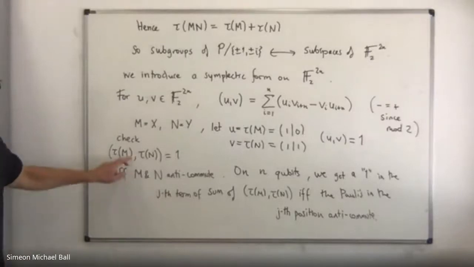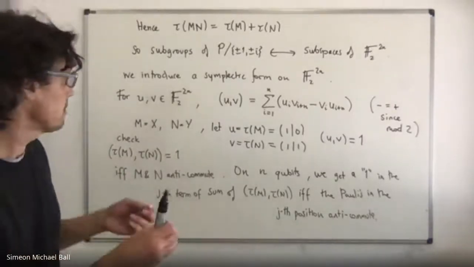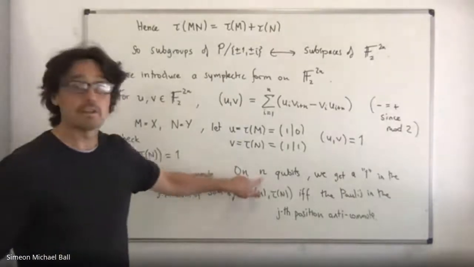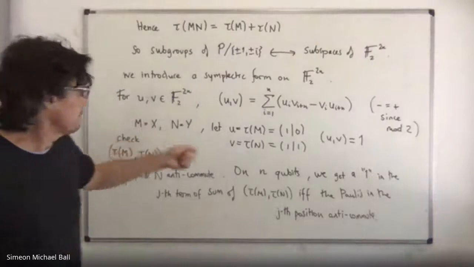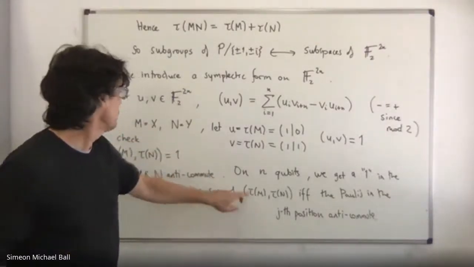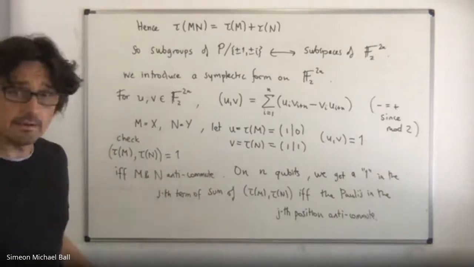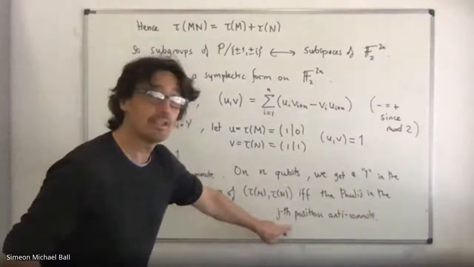Okay, so you see that it's basically saying exactly the same thing, except now I'm taking position by position for operating on n qubits. So that means that to get these m and n to commute, I need an even number of anti-commuting things.